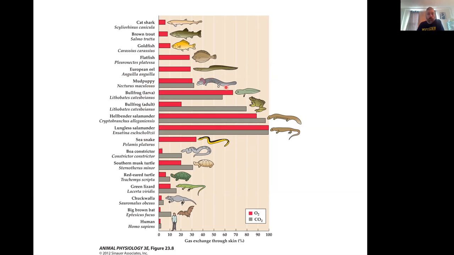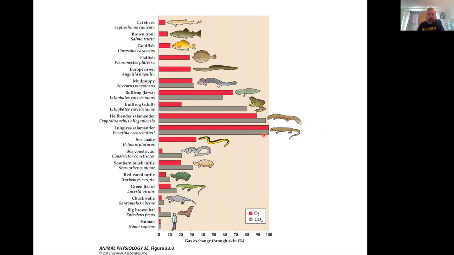Our mud puppies, so you're familiar with this guy if you took comparative with me, big salamanders, smaller salamanders, frogs, tadpoles, all of these guys do a lot of their gas exchange, not through a gill, not through a lung, but through the skin.